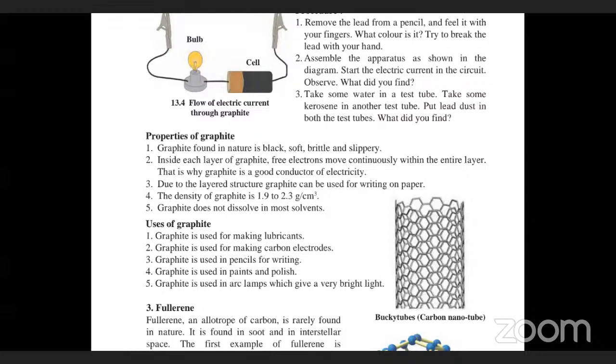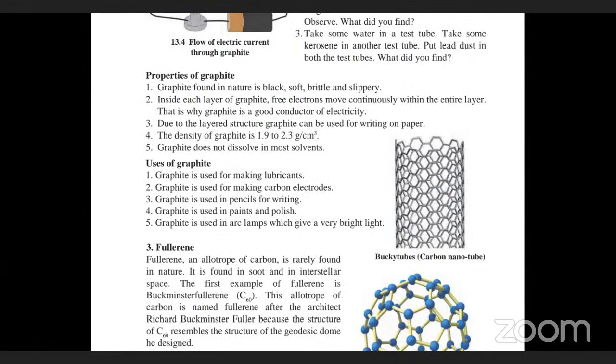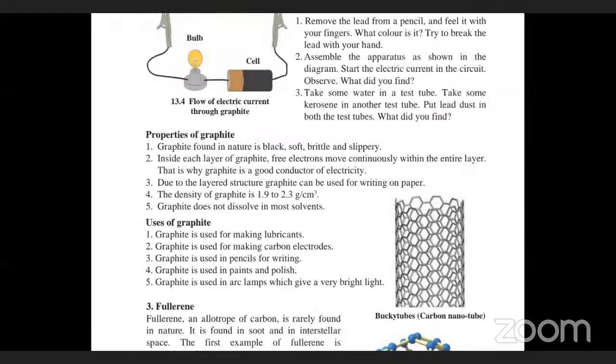Suppose you have a floor made up of tiles in your house, and you have water on your foot. So what will happen? You will feel some slipperiness, when we slip on the tile. That type of nature is known as slippery. So this graphite also has that type of property.